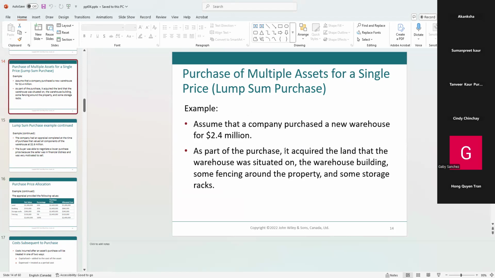So when you pay less, you purchase something for a lump sum.